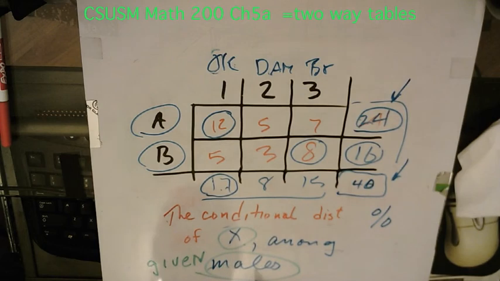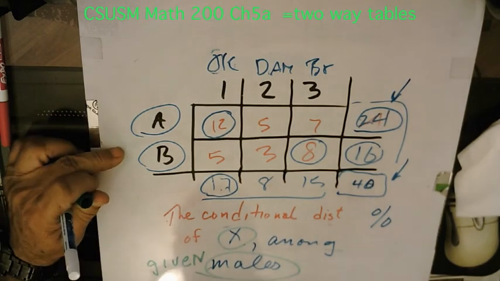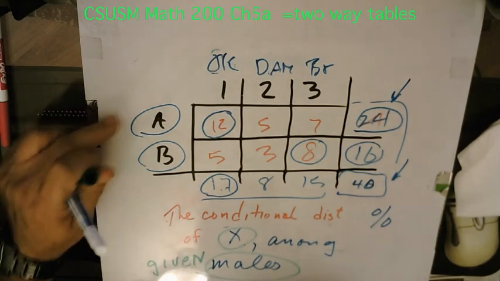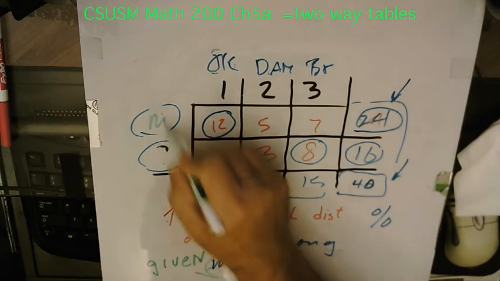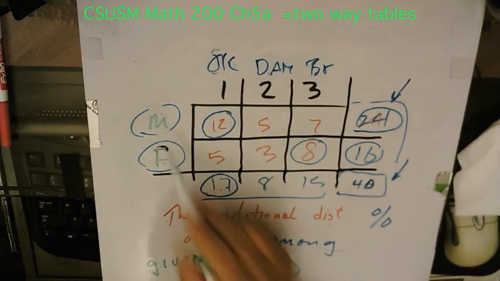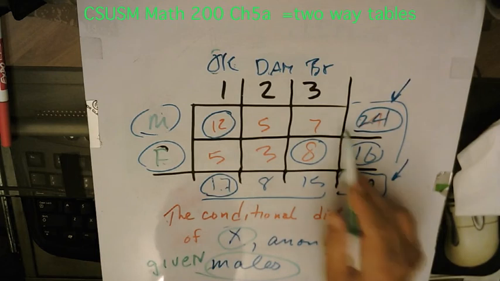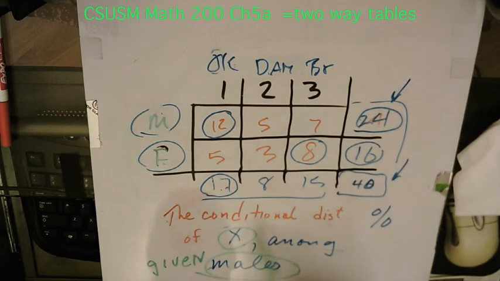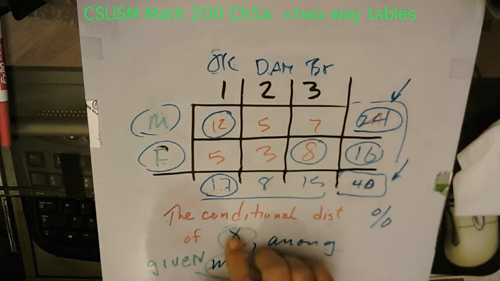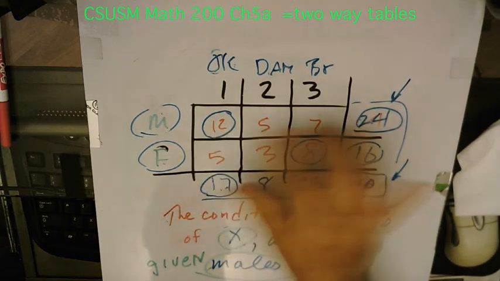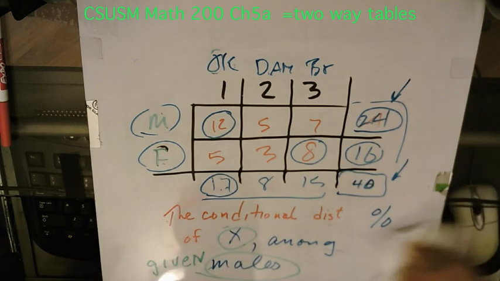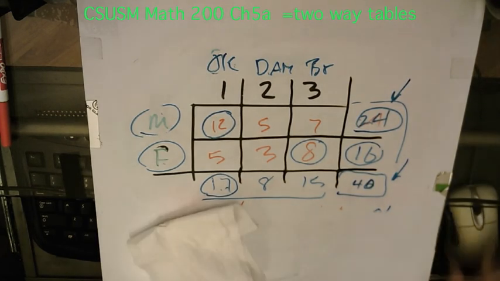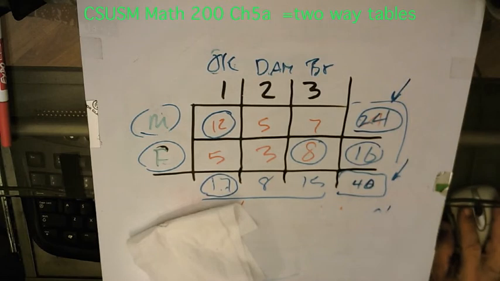So if this were male and female, among the males, then that would say, okay, my males are here, my females are here. Among the males, then this is the row I'm going to deal with. So they're very subtle about some of their question statements. And so if they say among or given, that's your starting point, and then the condition is the data value within that given row or column. All right, so that's just a little lead in, and we're going to pause here for a minute while I set up the first problem.